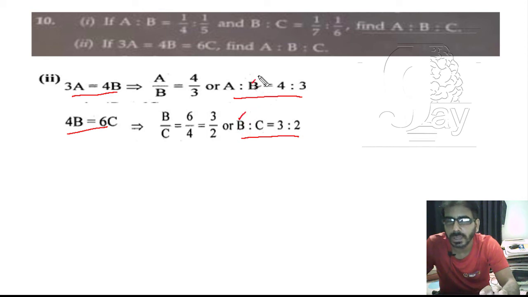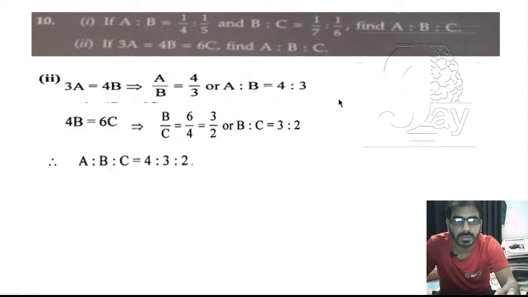So b, we see that it is already equal, so we don't have to take LCM and make them equal again. We can just compare them. So it's very simple. We can see a is to b is to c is 4 is to 3 is to 2. That's what we have, the comparison of a is to b is to c.